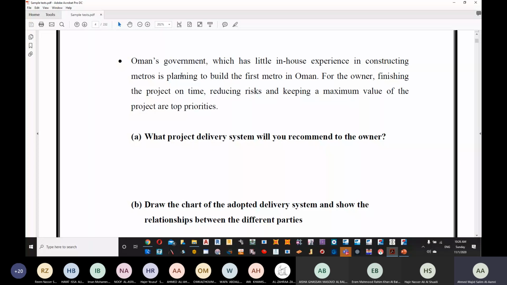In design build or traditional, which party is going to take the maximum risk? Okay. Still sleeping?